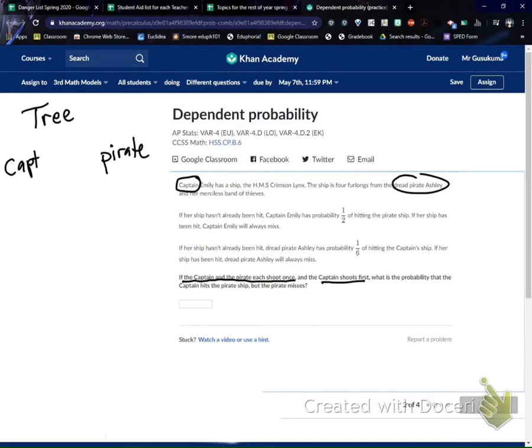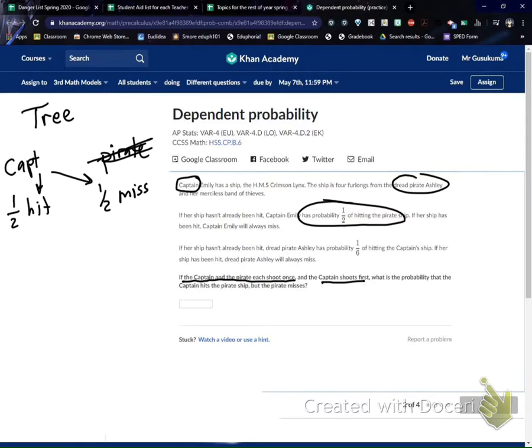Okay, so the captain is shooting first, and so let's look and see what the chance is that she hits. Captain has a 1/2 of hitting, so I don't need to start with pirate here. Starting with captain, that means that we've got a 1 out of 2 chance of hitting, and that means we also have that 1 out of 2 chance of missing.